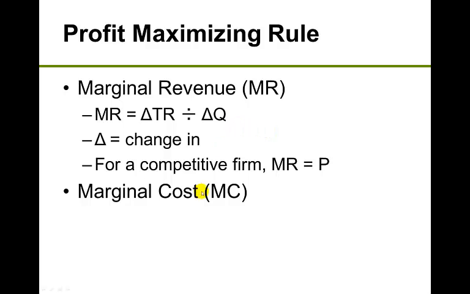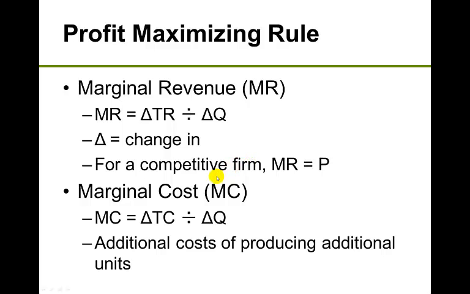And for a competitive firm, this is really important, marginal revenue is always equal to price. So if you're a price taker, then you basically have no control over the price, just market price. So every additional unit you sell, you get the market price. So that's easy to remember. Your marginal revenue, perfectly competitive market, is just the price.